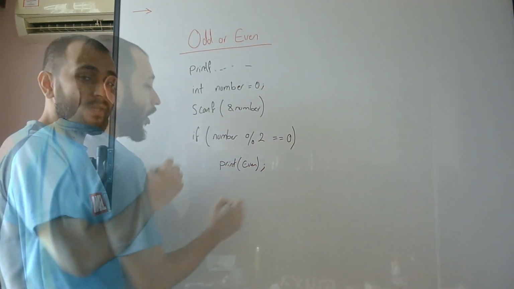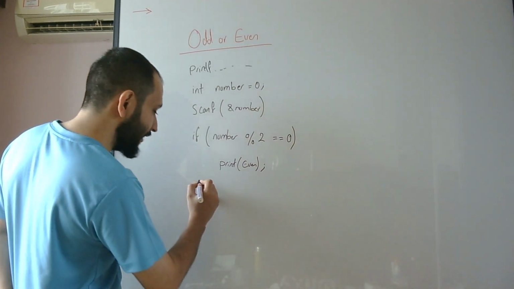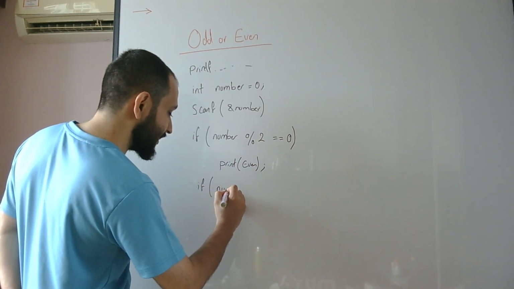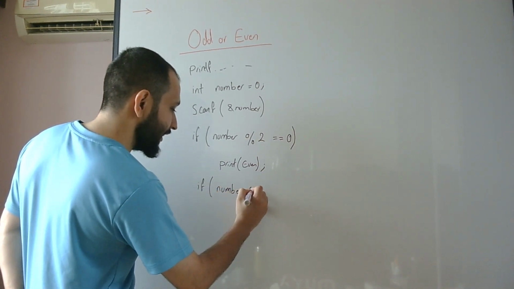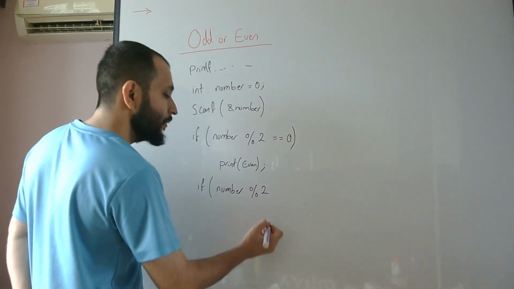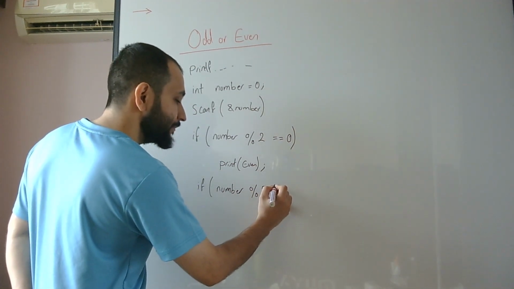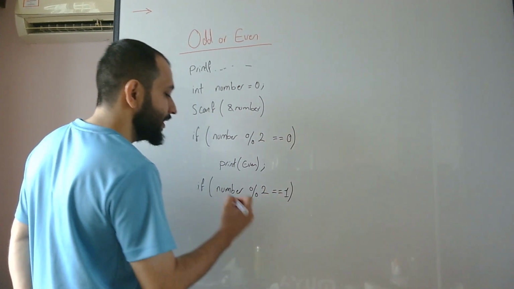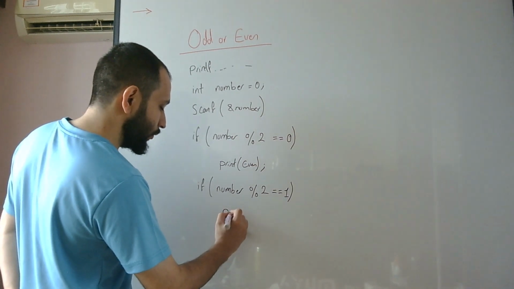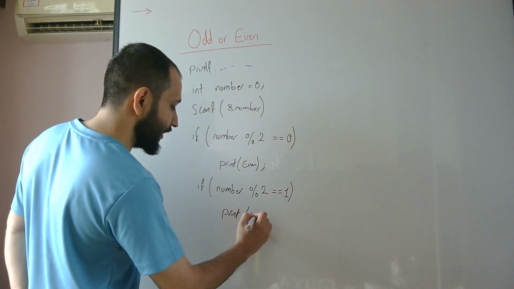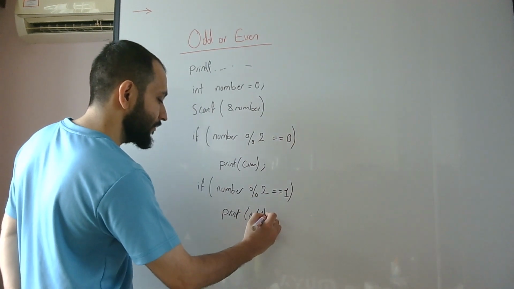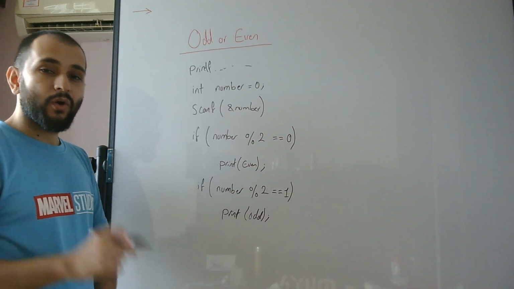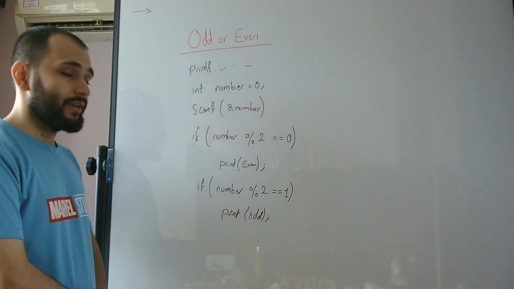And we can create another if statement, and in this if statement we will say that if this number is divided by 2 and the remainder is equal to 1, that means that this number is odd. So we will print that the number is odd. So this is basically the logic of our program. Now let's go to my computer and we can write the code there.